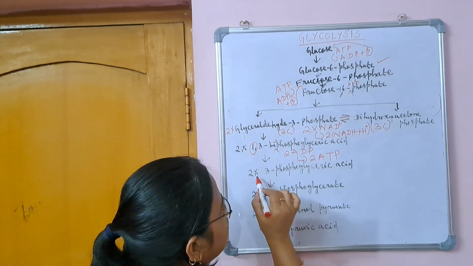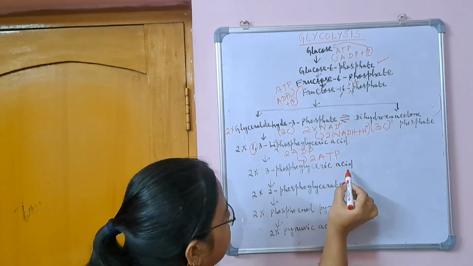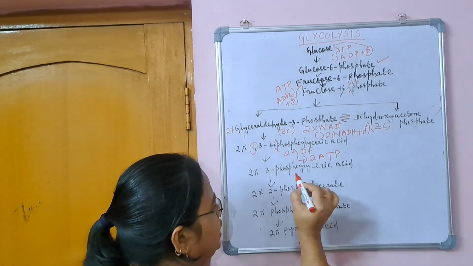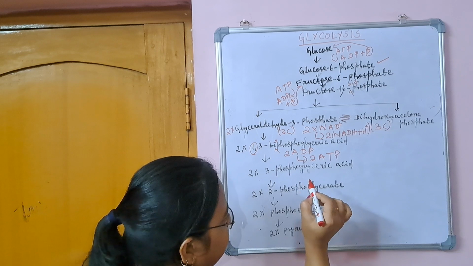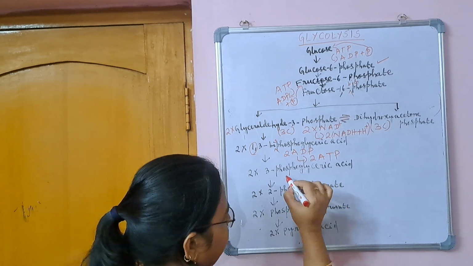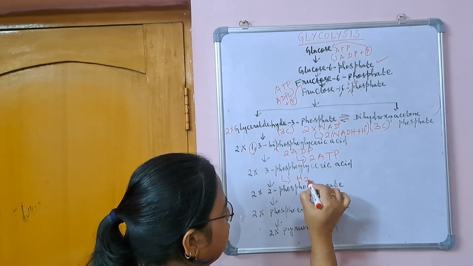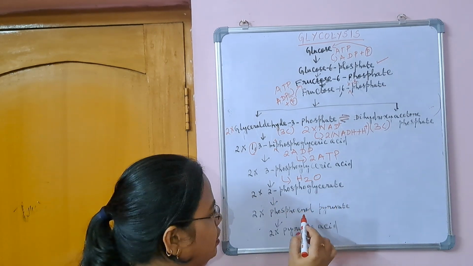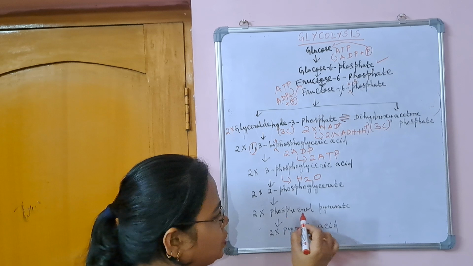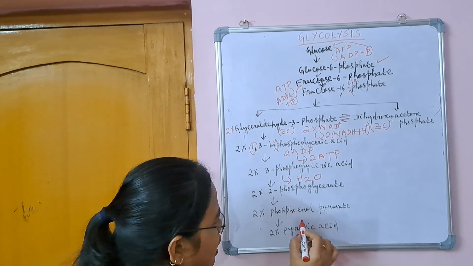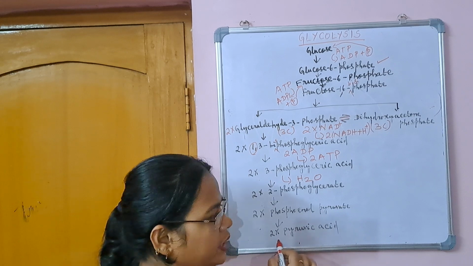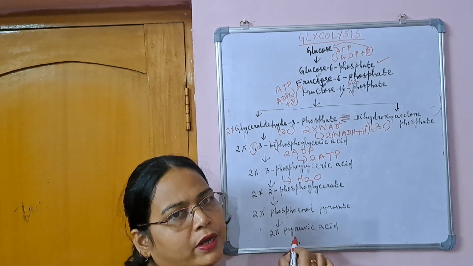Now these 2 3-phosphoglyceric acid will be converted into 2-phosphoglycerate, and in this step 1 H2O is released, and these 2 phosphoglycerate will be converted into phosphoenol pyruvate. Now these 2 phosphoenol pyruvate will further be converted into 2 pyruvic acid.